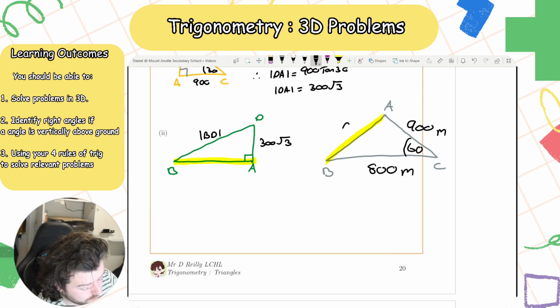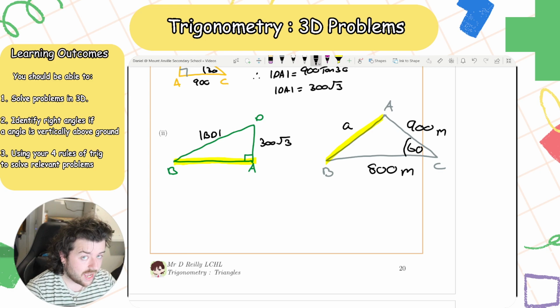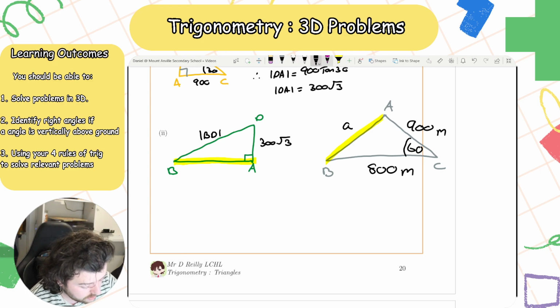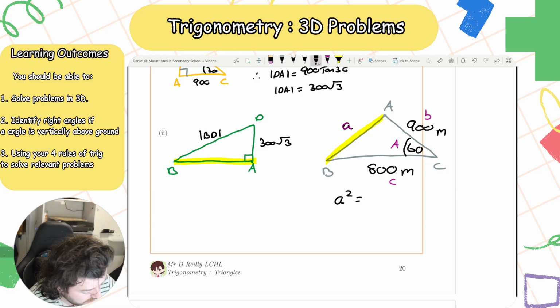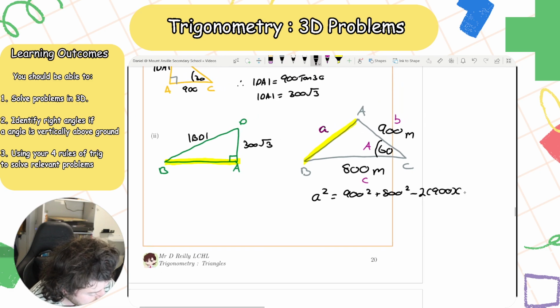So remember cosine rule, we label our unknown side A, so that's going to be A, that's going to be my angle A, and this is going to be B, and this is going to be C. So let me solve it now. A squared is going to be equal to 900 squared plus 800 squared minus 2 times 900 times 800 cosine 60.